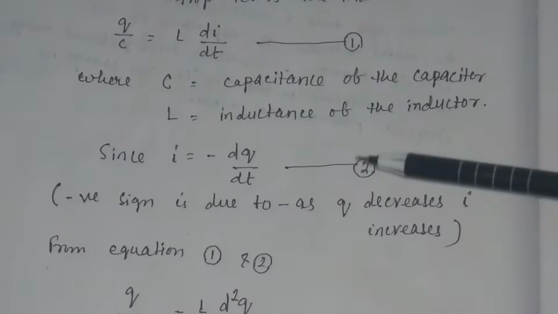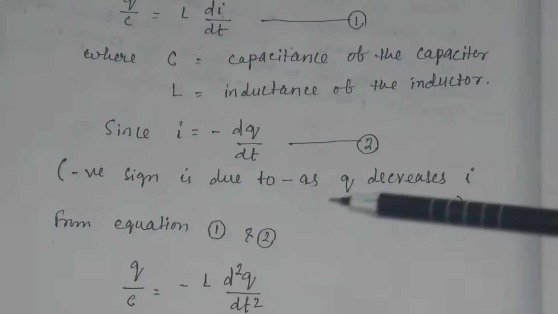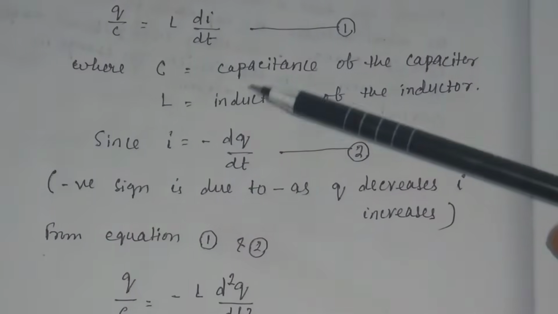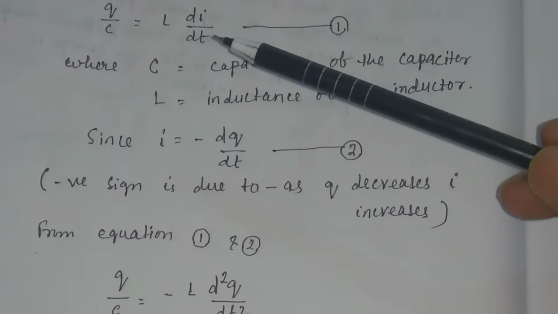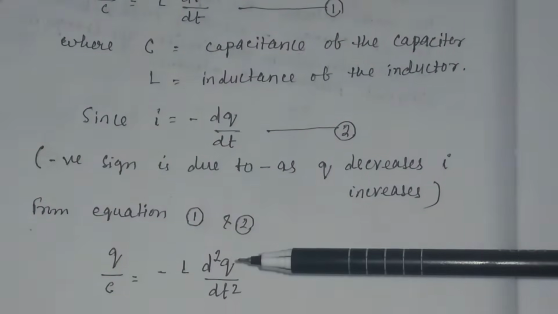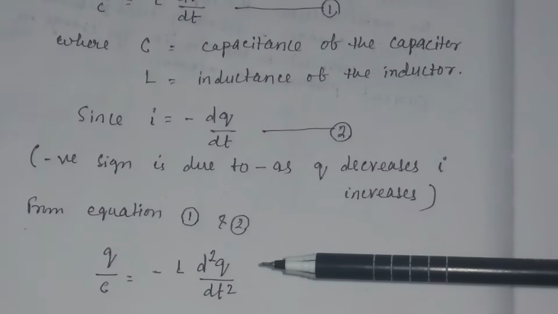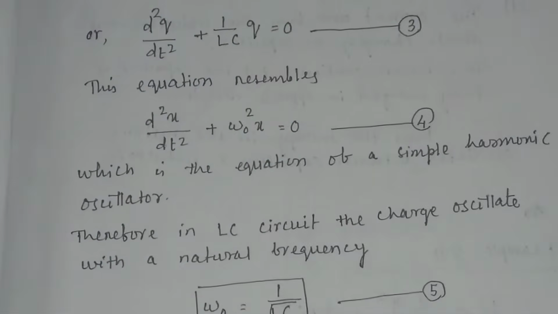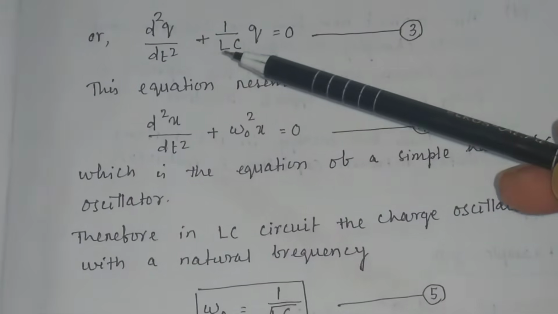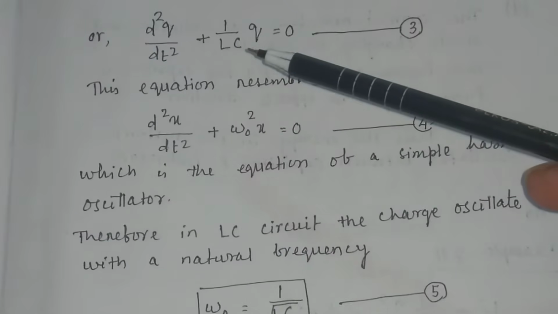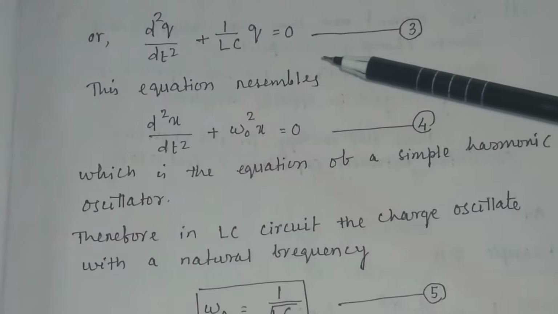So from equation 1 and 2, we will get Q by C will be equal to minus L. Instead of di by dt, we will write the second derivative of charge with respect to time. So the second derivative of charge with respect to time plus 1 by LC into Q is equal to 0.